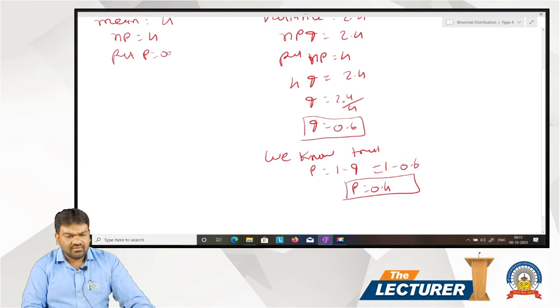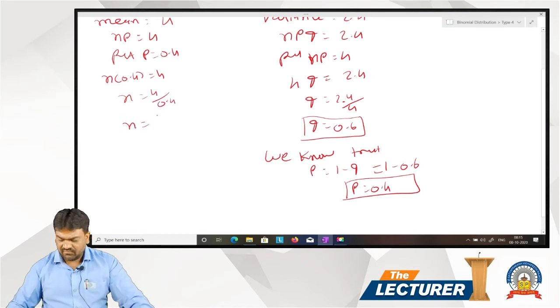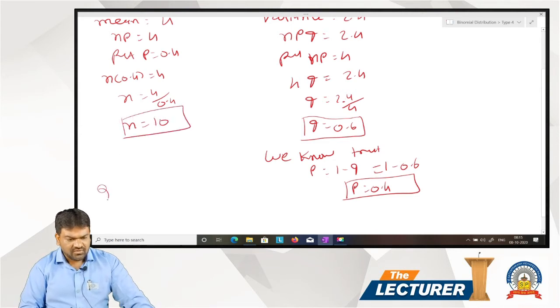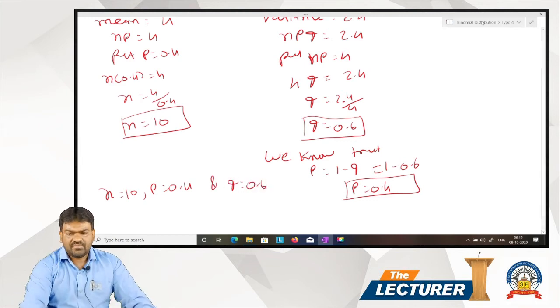Put p is equal to 0.4, n multiplied by 0.4 is equal to 4, n is equal to 4 upon 0.4, n is equal to 10. This is your third answer. So n is equal to 10, p is equal to 0.4 and q is equal to 0.6.